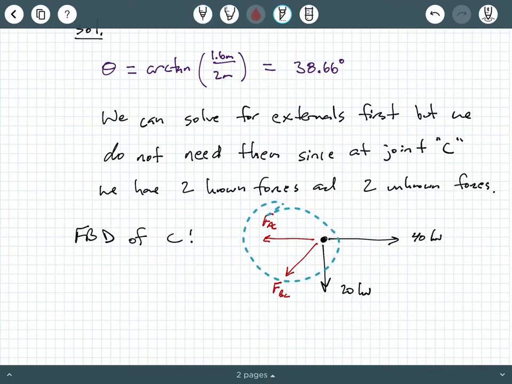Well, remember, these are assumed directions. If you refer back to the background video, the best way to go about analyzing a truss is assuming a direction of our forces as pulling away from the joint, pointing away from the joint. That assumes a tensile effect, okay? And just to be proper in our free body diagram, you need to include this angle right here, which we computed as 38.66 degrees just a few minutes ago.